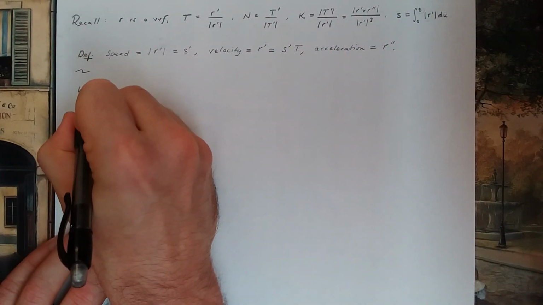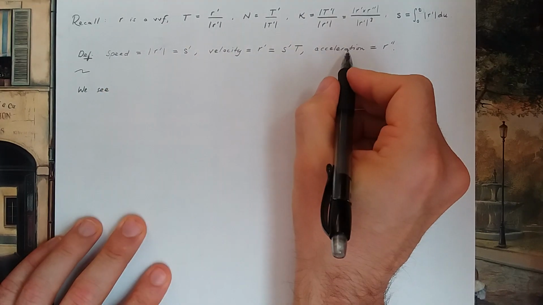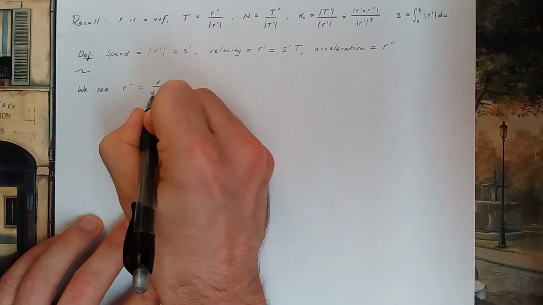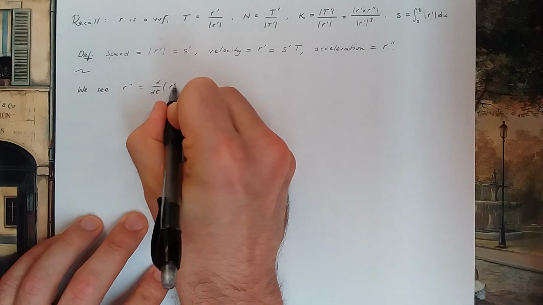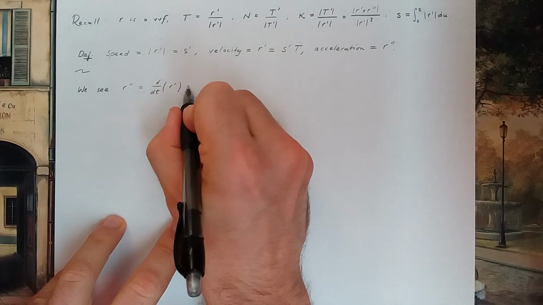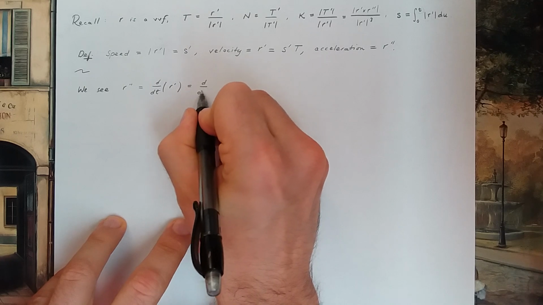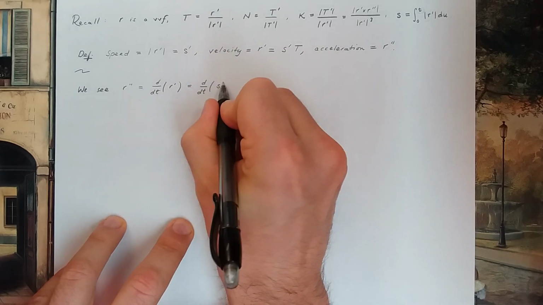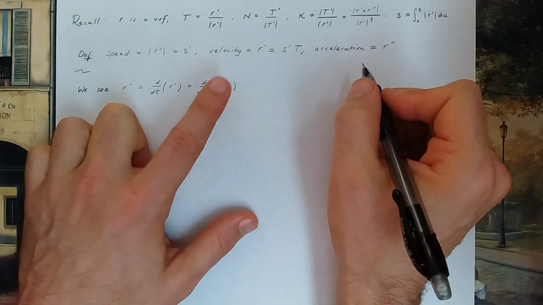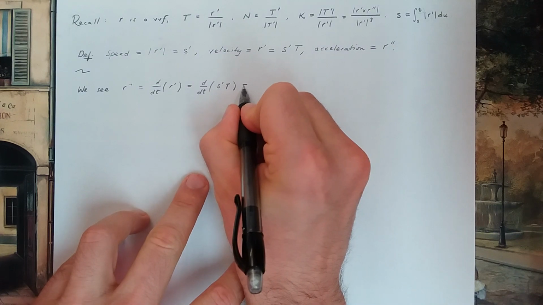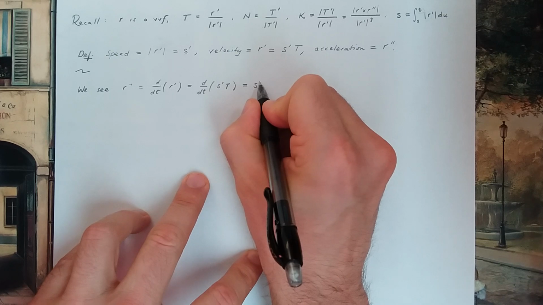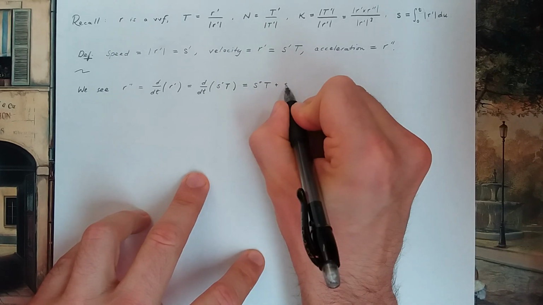So let's try. We see that the acceleration, r double prime, is the derivative of velocity. Velocity I can rewrite as s prime times t. And then I could differentiate using the product rule. So this is equal to s double prime t plus s prime t prime.